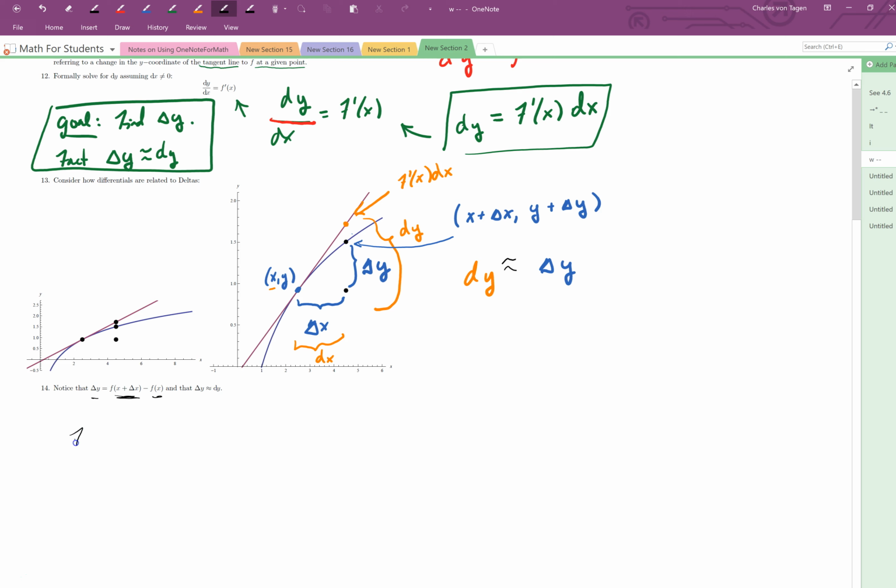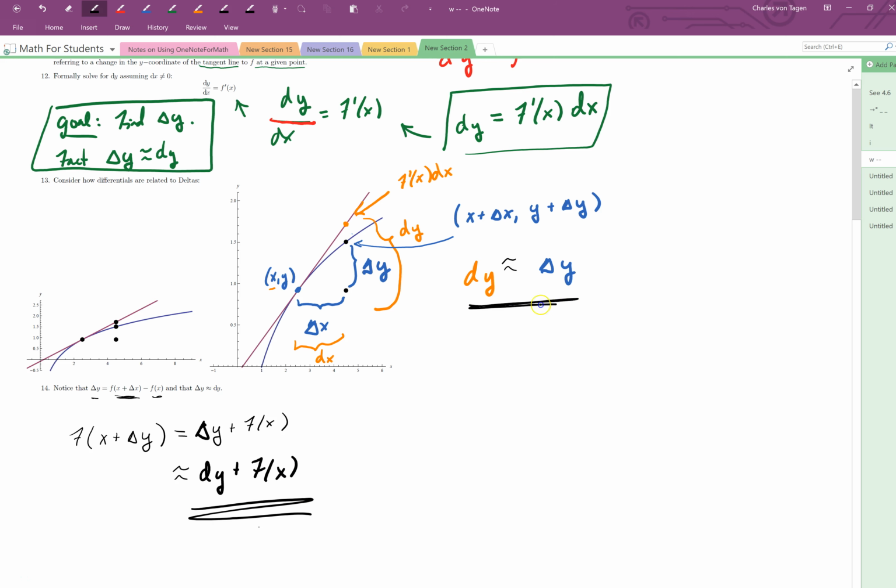Specifically, if I wanted to know what the new y value is, the new y value would be delta y, the change in y, plus f of x. And we're going to approximate this by differential y plus f of x. So this will be the technique that we use, a combination of this and this approximation.